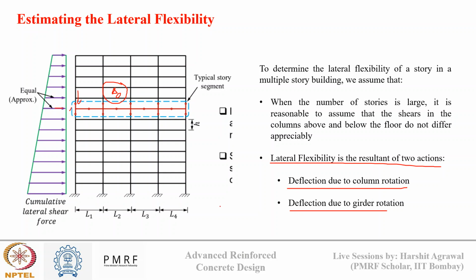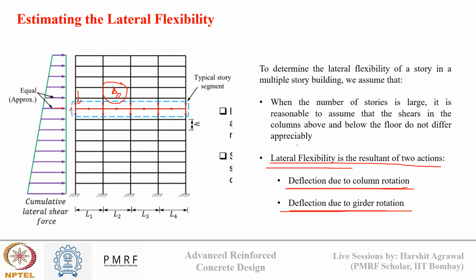Initially, when we talked about sway frames, we saw that the amount of lateral displacement in a sway frame depends upon the stiffness of both columns and girders. That's why we need to calculate the deflection due to column rotation and due to girder rotation to calculate the lateral flexibility of a story. Adding both gives the lateral flexibility of the story.